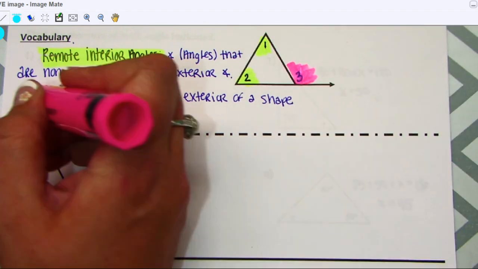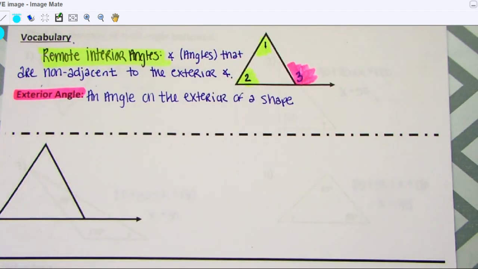So that is our exterior angle. Notice how remote interior angles are far away. The exterior angle is inside, or outside, sorry. So exterior, outside, remote interior are not next to angle 3. Not next to the outside one. Okay, so that is exterior angle is an angle on the exterior of a shape. It's just floating around on the outside. So all of our triangles for this lesson are going to have little tails kind of coming out the edge of them to make exterior angles.